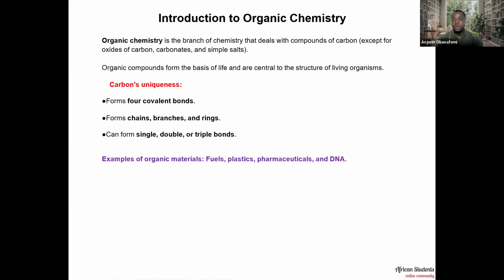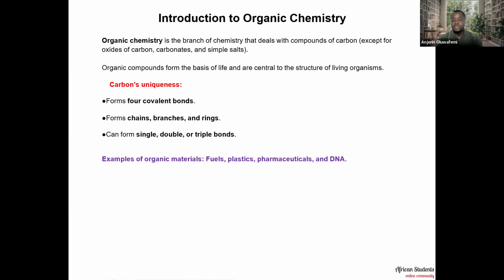So we have fuels. Fuel is an amalgamation of so many carbon compounds coming together, giving us different types of fuels. Not only petrol, we can also have kerosene, diesel, and so on. These are organic materials that are formed from organic compounds.